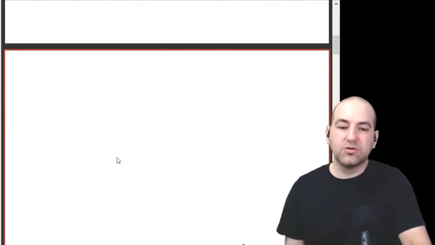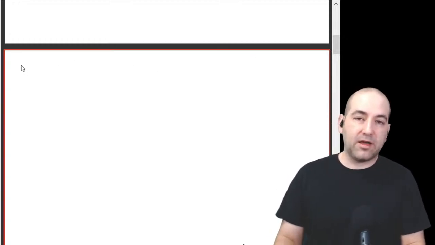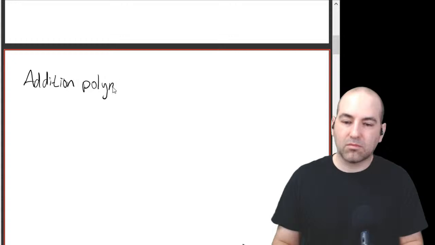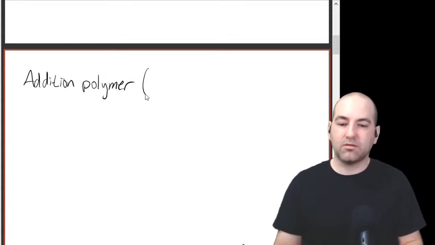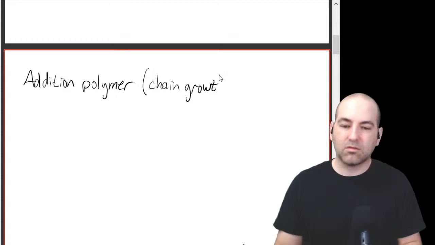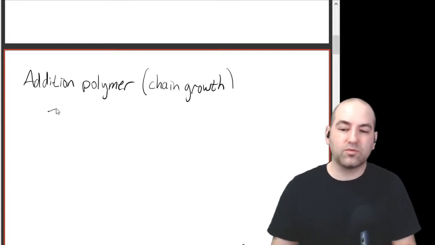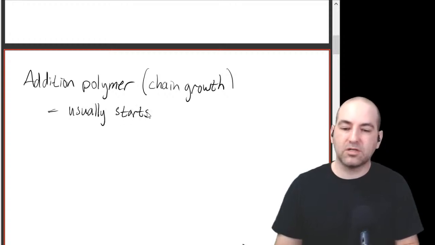There are broadly two classes of polymers that we're going to look at. The polyethylene is an addition polymer, sometimes called a chain growth polymer. And an addition polymer generally starts with a double bond, although it can also be a triple bond.